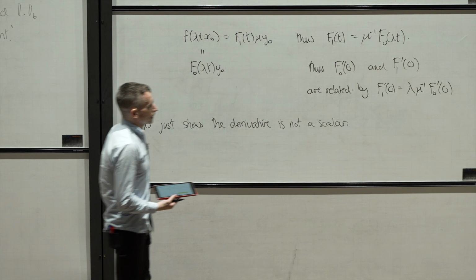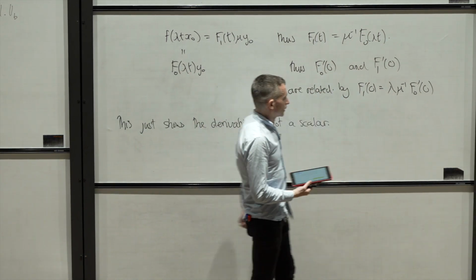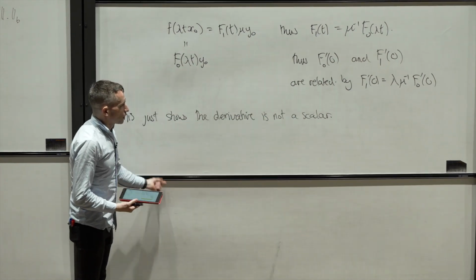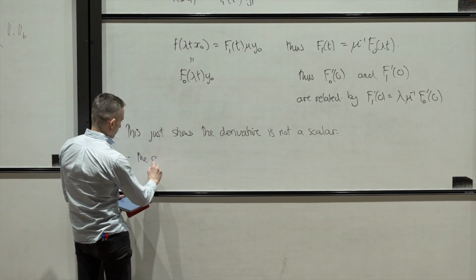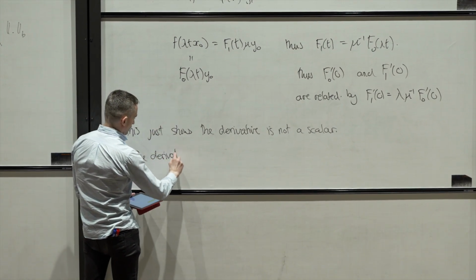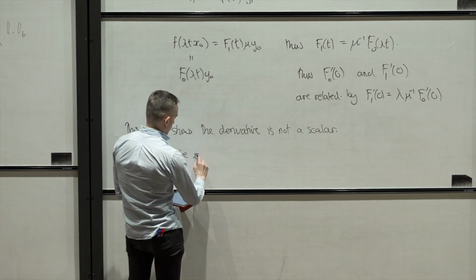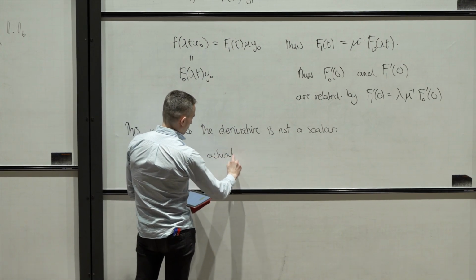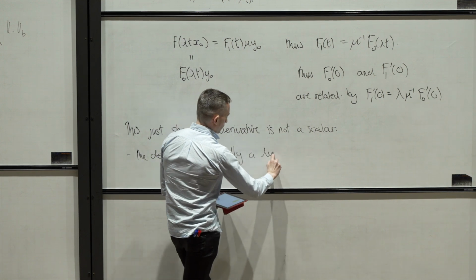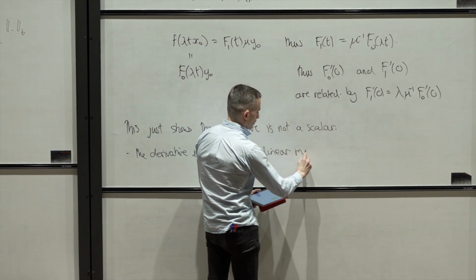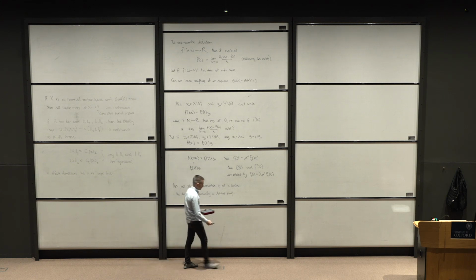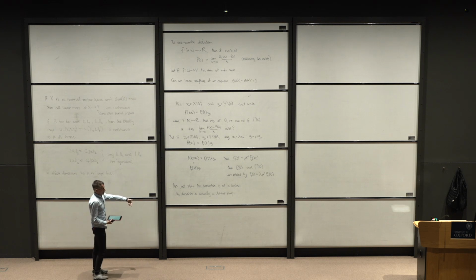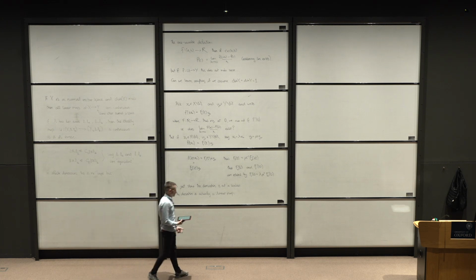So in that sense, it's no worse than a scalar, but the thing to realize is what it's actually doing is that the derivative is actually a linear map. Right? The scalar that you get from the ratio is just giving you a 1-by-1 matrix, if you like.